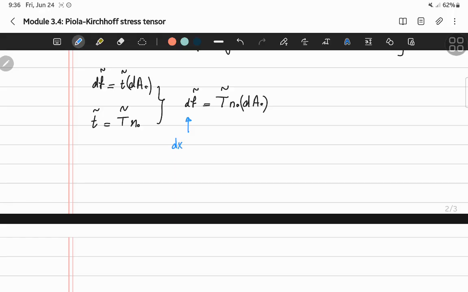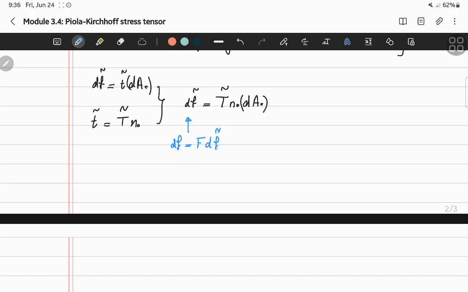And since here we are in the reference configuration, we can use the deformation gradient, like if you remember, we had d small x was equal to F d capital X. So here we are in the deformed configuration, and here we are in the reference configuration. So df is equal to F df tilde.